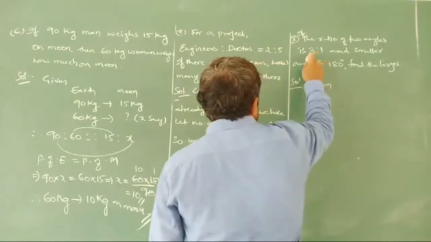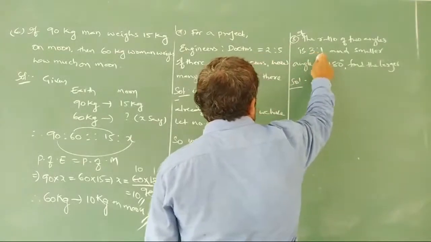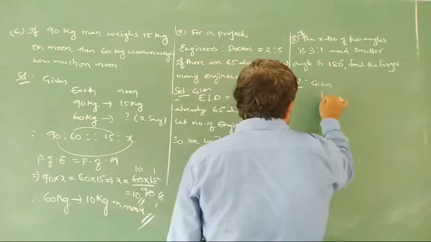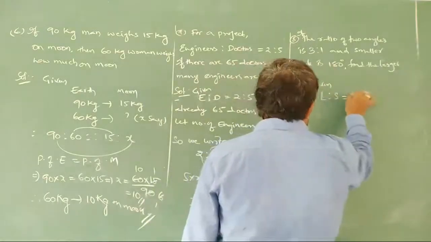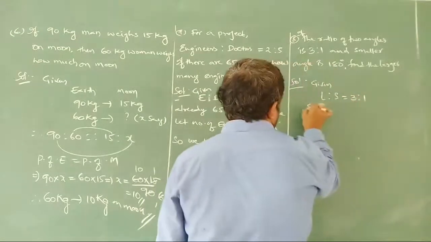Given, observe here, this is 3 parts, this is 1 part. Which is bigger? 3 is bigger. So larger is to smaller is equal to 3:1.